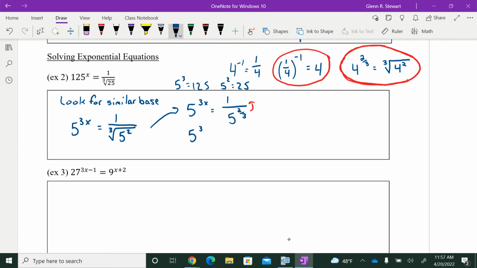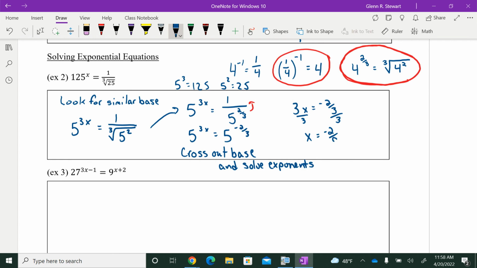So 5 to the 3x is equal to 5 to the negative 2/3. Now mathematically, because they have the same base, we can cross out the bases and solve the exponents. So we'll be left with 3x is equal to negative 2/3. Divide by 3, and I get x is equal to negative 2/9.